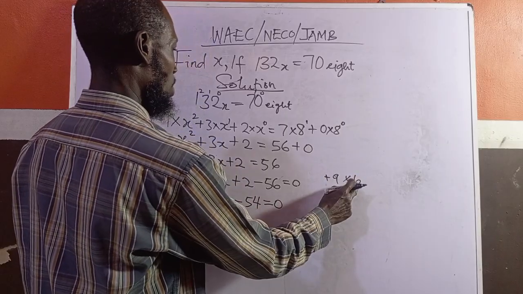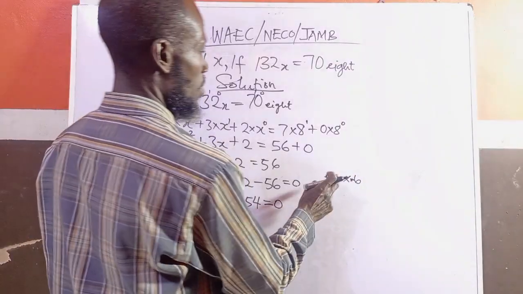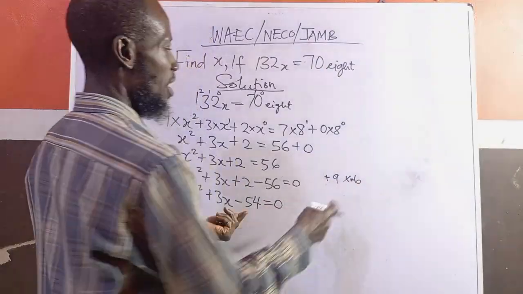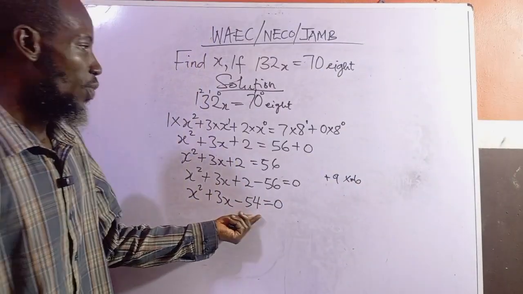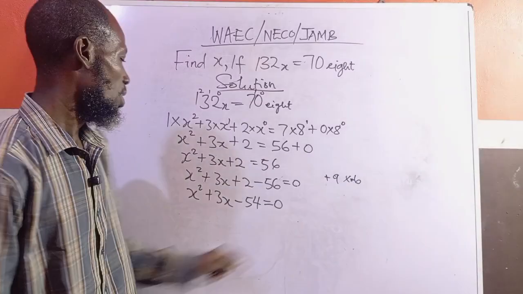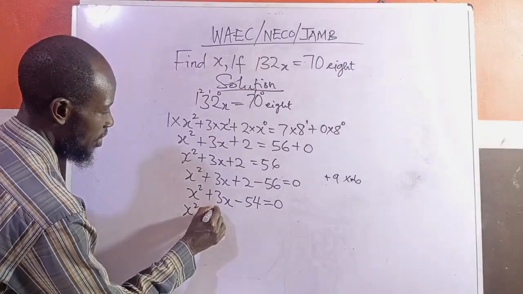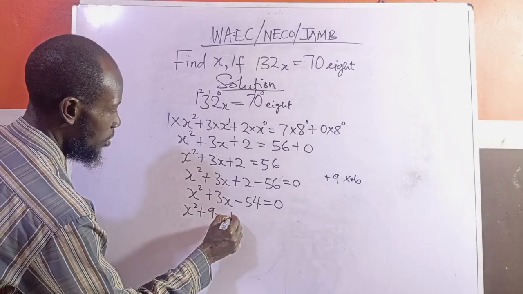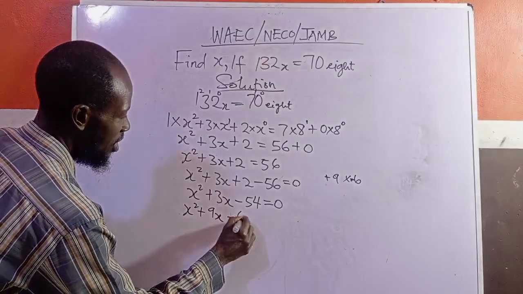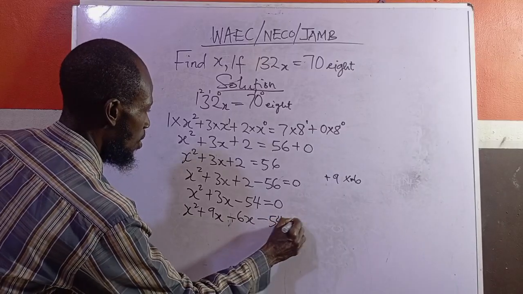So plus 9 minus 6 will give us plus 3. And then when we multiply plus 9 times minus 6, that will give us minus 54. So we express the middle term in terms of the factors. So we have x squared plus 9x minus 6x minus 54 equals 0.